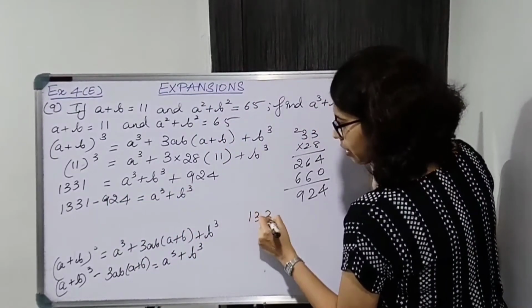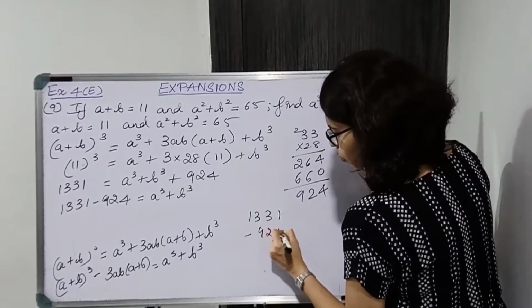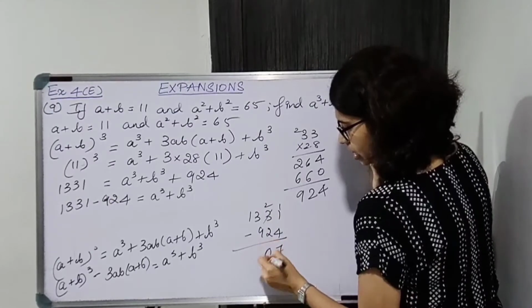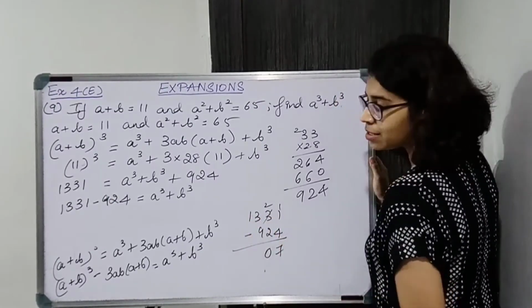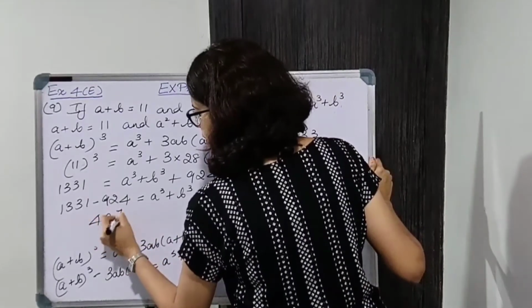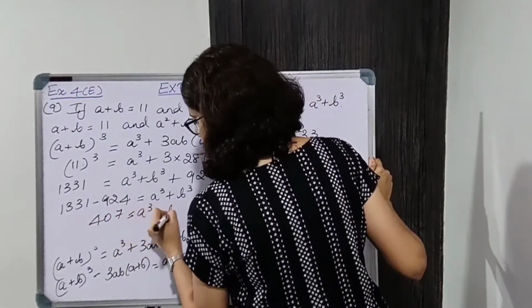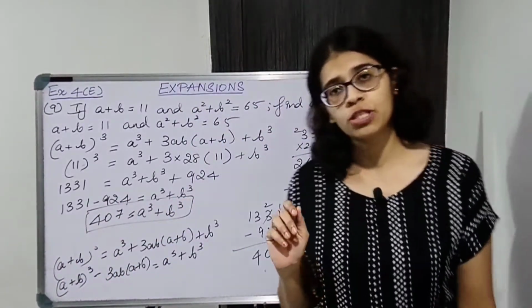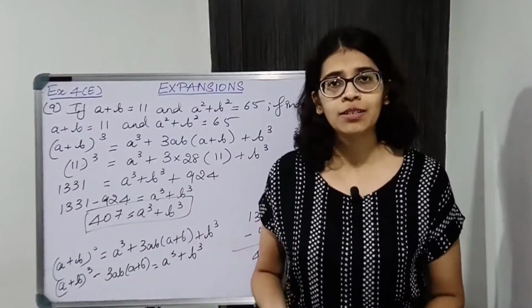So 1331 minus 924. So 7, 0 and 13 minus 9 will give you 4. So 407 is the answer. Okay, so a cube plus b cube is equal to 407. Box the answer or underline the answer.